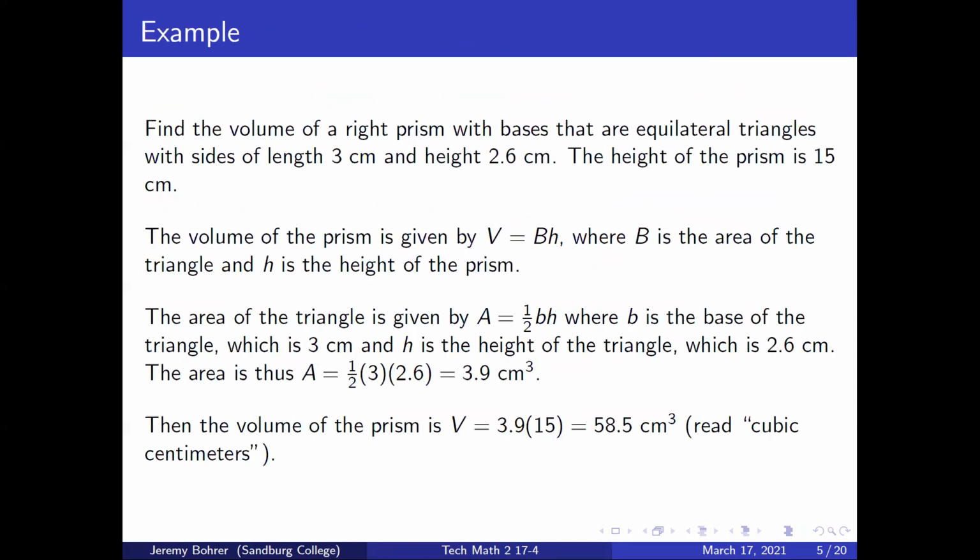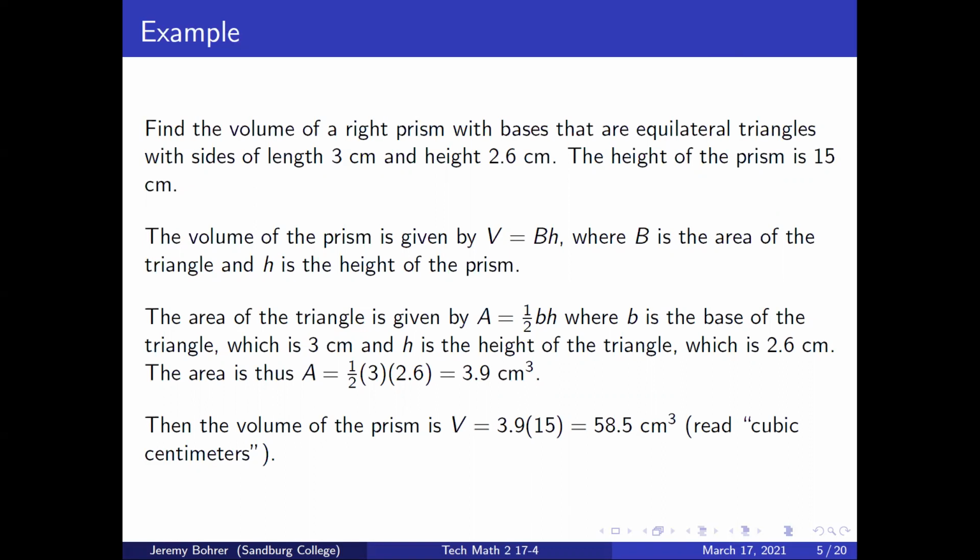For example, find the volume of a right prism with bases that are equilateral triangles with sides of length 3 centimeters and height 2.6 centimeters. The height of the prism is 15 centimeters. The volume of the prism is given by V equals BH, where B is the area of the triangle and H is the height of the prism.